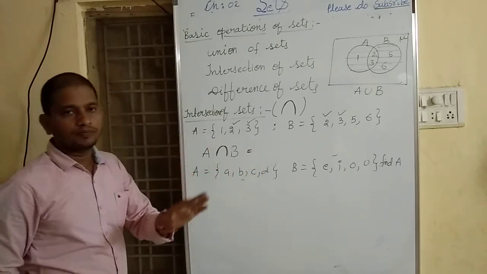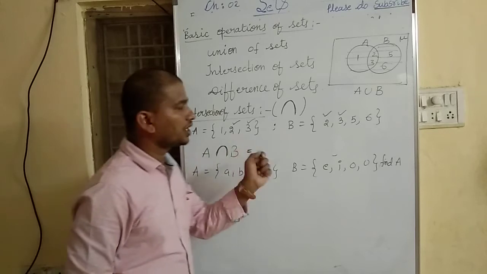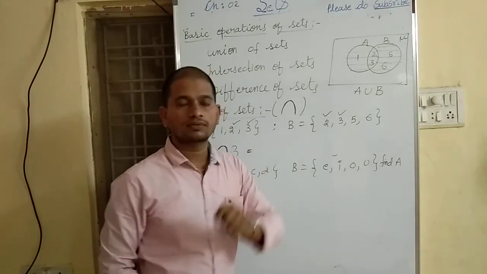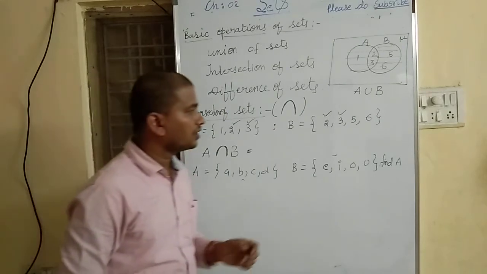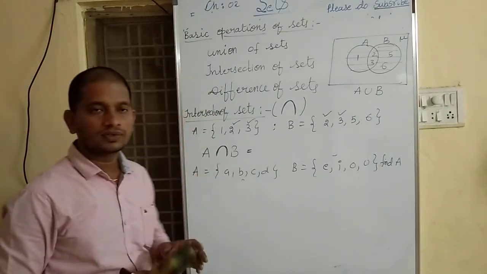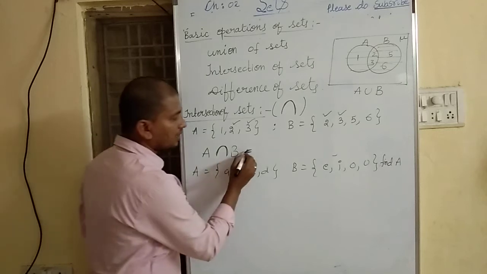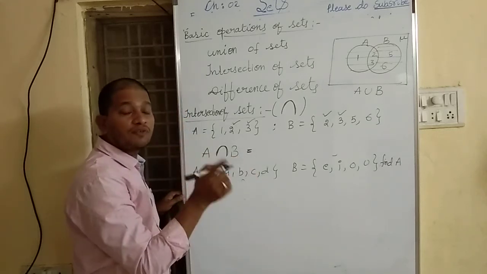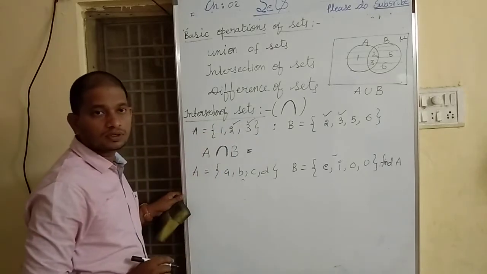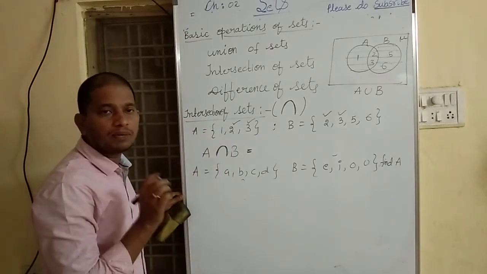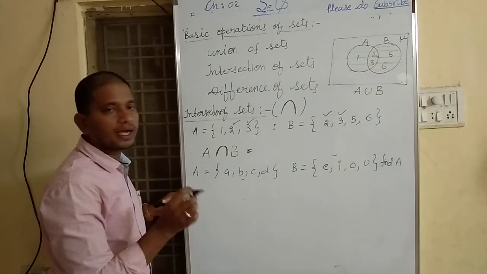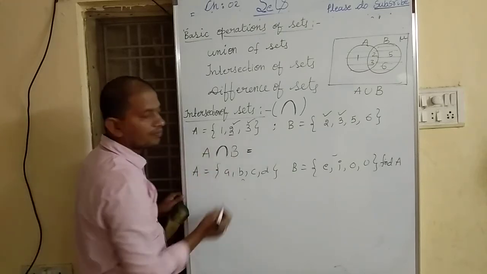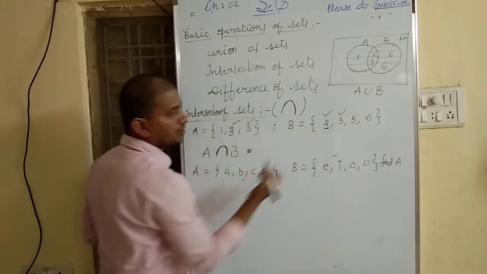For example, A equal to 1, 2, 3 and B equal to 2, 3, 5, 6. Then find A intersection B. A intersection B is the set of common elements which are there in set A and set B. If you observe here, in set A 2 is there, in set B also 2 is there.